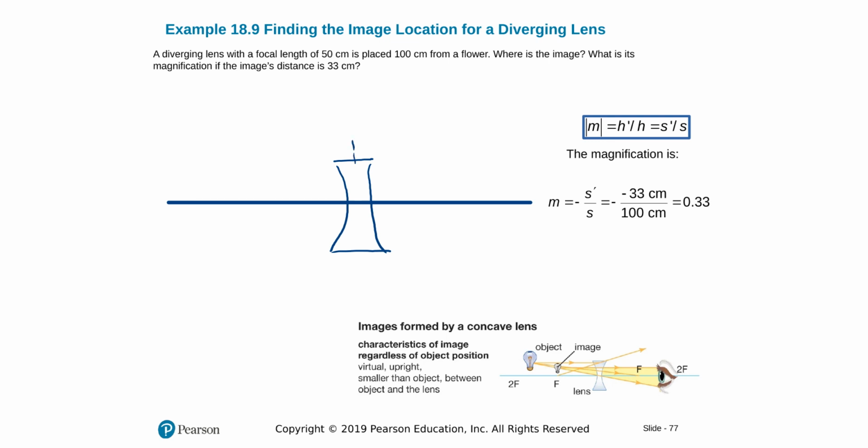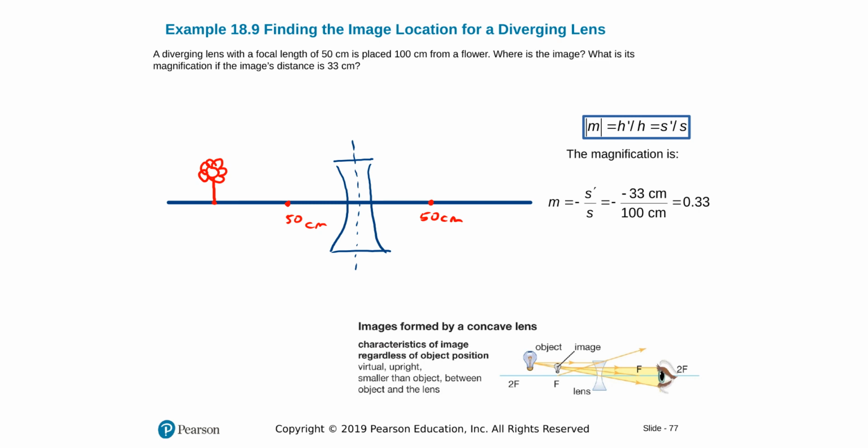Always we imagine we send the rays to the center line here, so we don't worry about the thickness of the divergent lens. So we have the focal point at 50 centimeters, let's approximate that. And we have a flower at about 100 centimeters, so somewhere here.